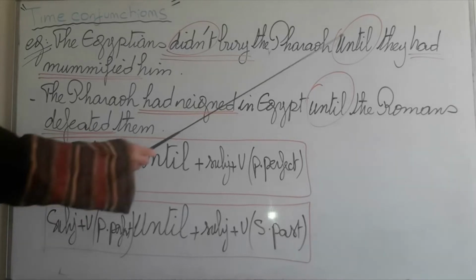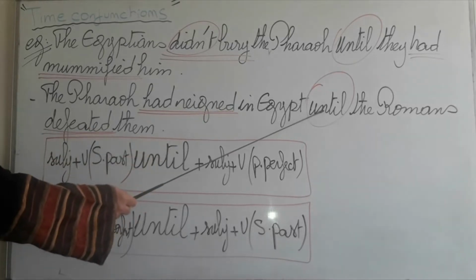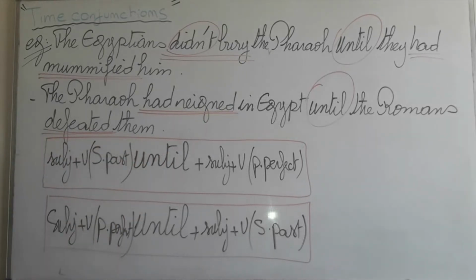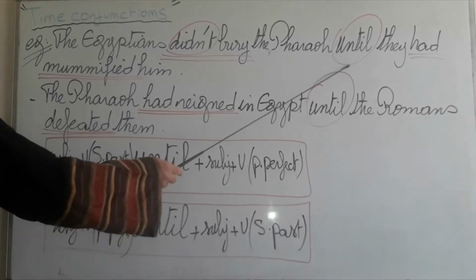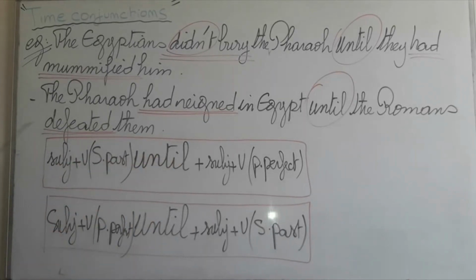Let's see the time conjunction until. In Arabic we say hatta, in French jusqu'à. So: I waited for you until you came. This is until. Until is not like the other time conjunctions. The other time conjunctions can occur in the initial position, the beginning of the sentence, or in the middle of the sentence.